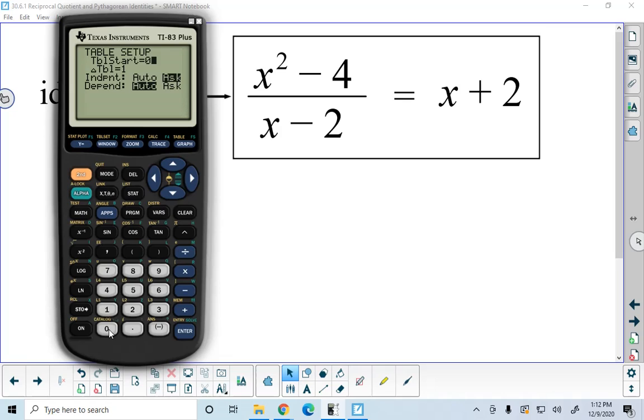Let's start at 0 and go up by 1 and make sure it's on automatic. So we go to my table and we look, hey, they're always equal, they're always equal, they're always equal, except, wait a minute, they're not always equal, are they? There is a value of x, when x is 2, where the left side and the right side are not equal. I want you to note that that value of x, where they are not equal, is a non-permissible value.